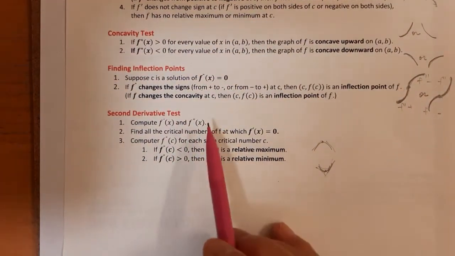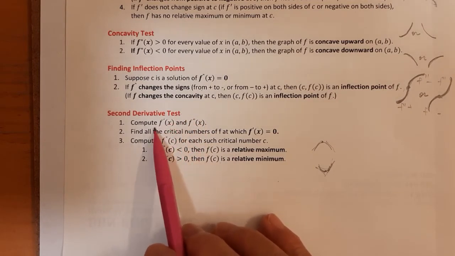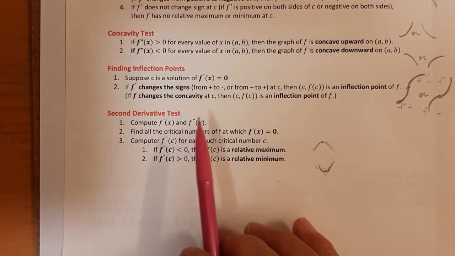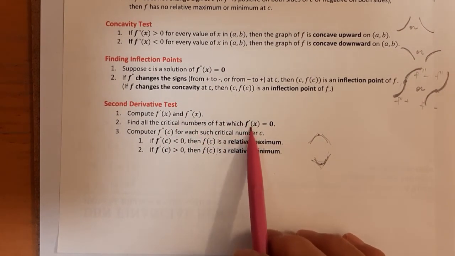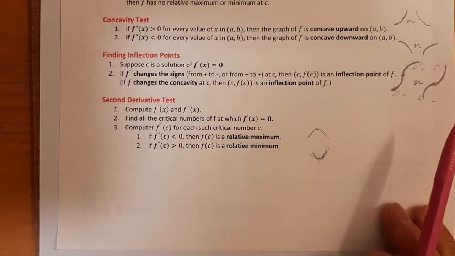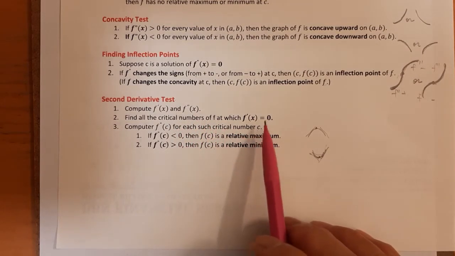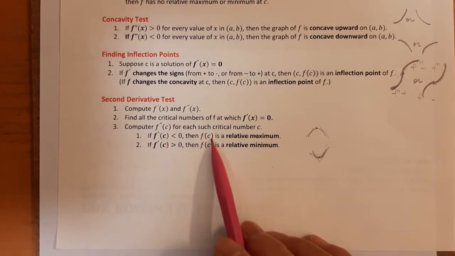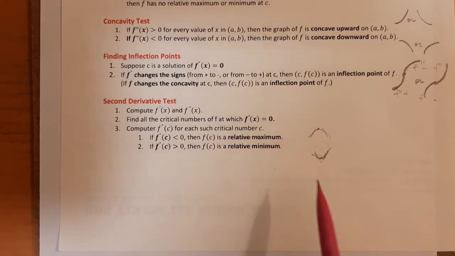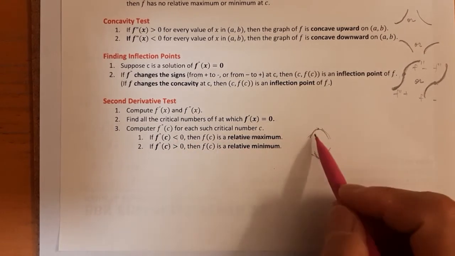If the original function is f, you compute the first derivative and the second derivative, then solve f prime of x equals 0 to get the critical numbers c. If you plug into the second derivative and it is negative, then f of c is a relative maximum, which is concave downward.